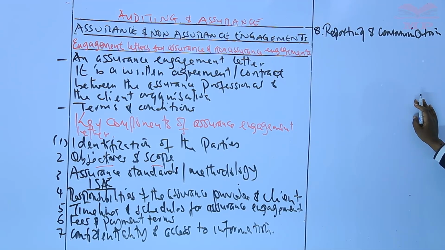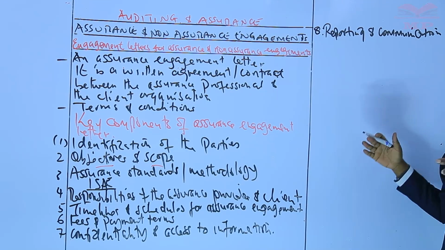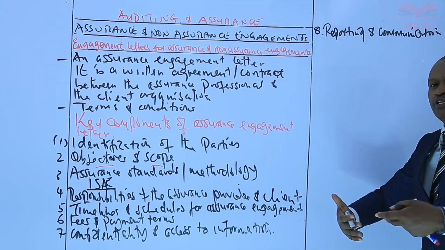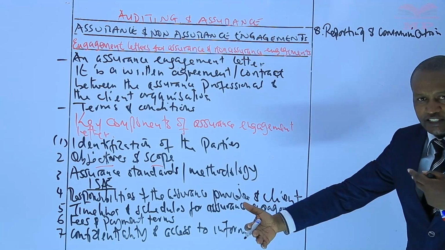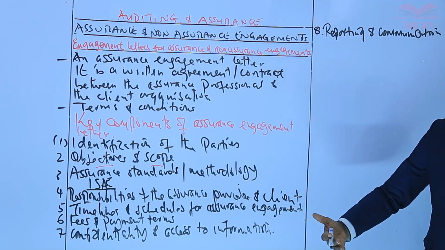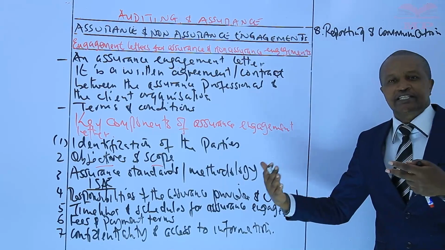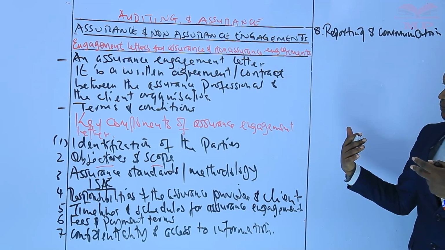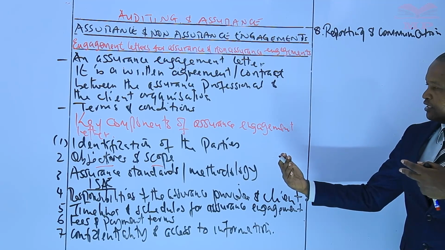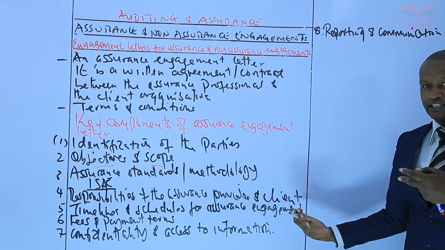The engagement letter outlines the format and content of the assurance report or opinion that will be issued to the client upon completion of the engagement. And it may also describe the process of communicating assurance findings. There may also be need for management letters or other correspondence between the assurance provider and the client.